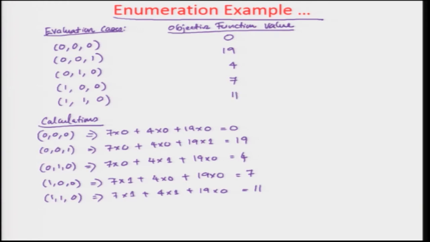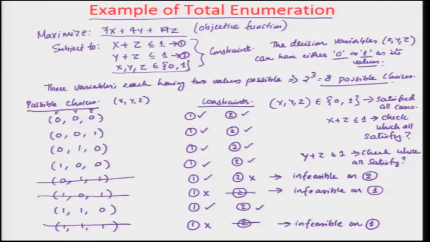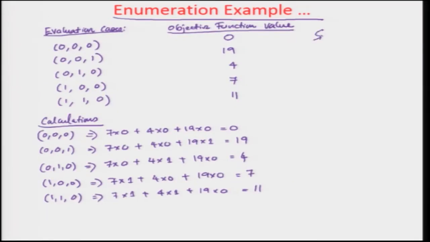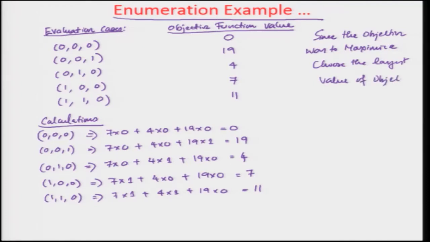So, these are the 4 possible objective function values. Now, the objective was to maximize. Since the objective was to maximize, choose the largest value of the objective function. So, from here, this is the largest value of the objective function.